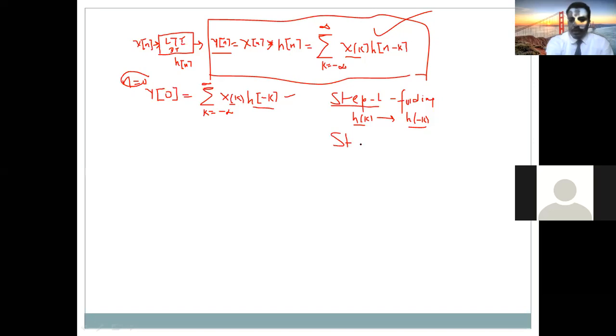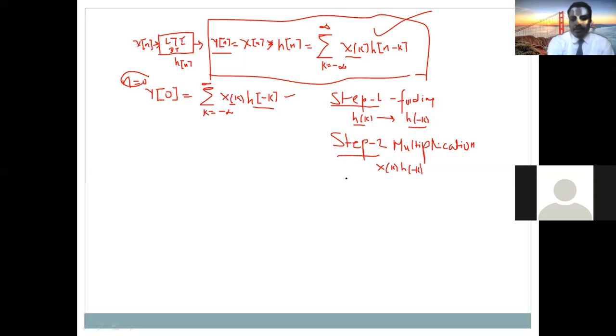Then what is step 2 of calculating the convolution sum? Step 2 is multiplication. In this case we multiply x of k times h of minus k; first we have to fold it.